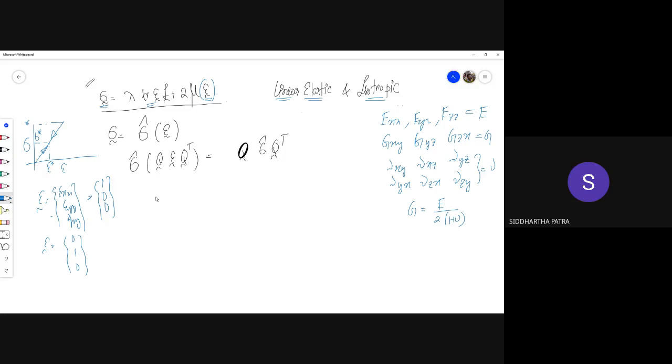So as we know that epsilon xx is, and the shear component is simply G, right?